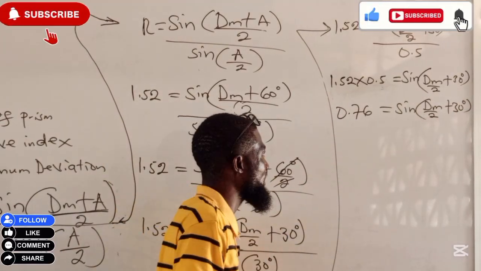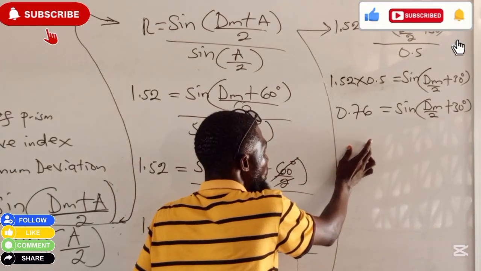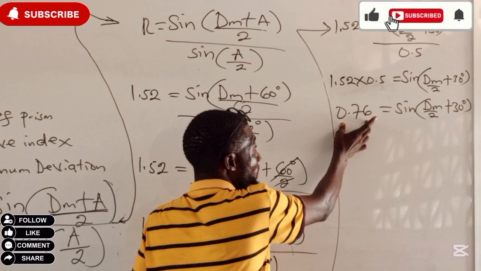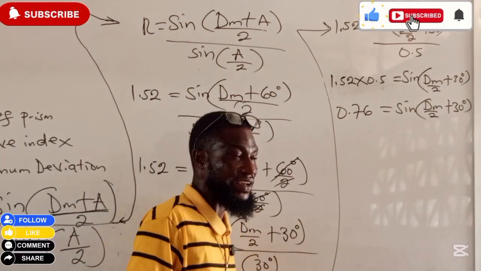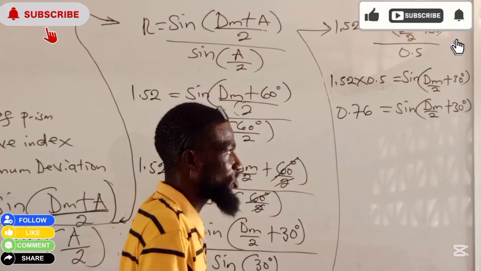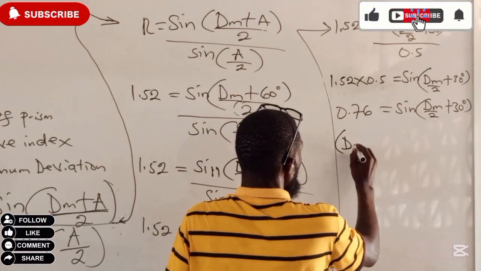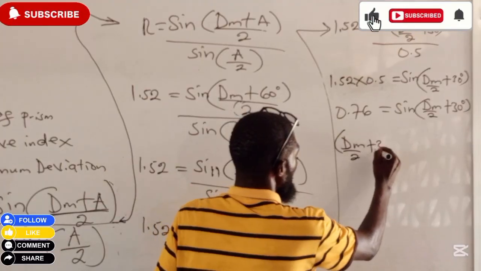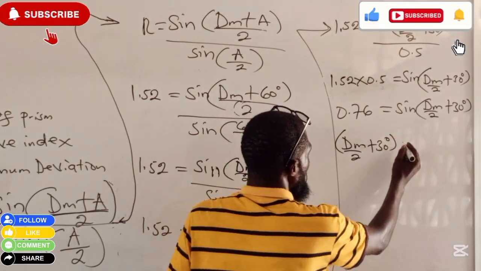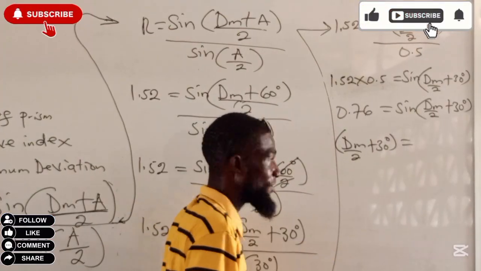On this note, ladies and gentlemen, we'll be breaking this out of the parenthesis, while we take the 0.76 to serve as the sin inverse in order to solve our problem. So we say, parenthesis open, the minimum deviation over 2 plus 30 degrees, parenthesis closes, will just be equal to the sin inverse of 0.76.